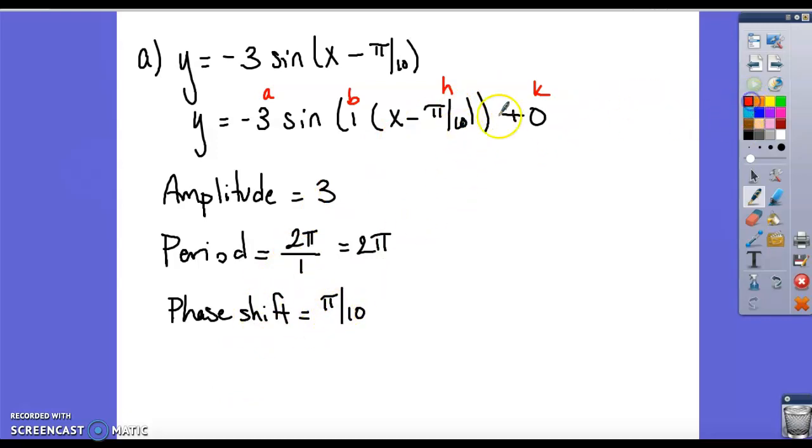Technically, I'm shifting this graph right, pi over 10 units, but that's not what we're going to write here. We're just going to write the value, pi over 10. And my vertical translation is 0 because there's not a number on the end of that function.